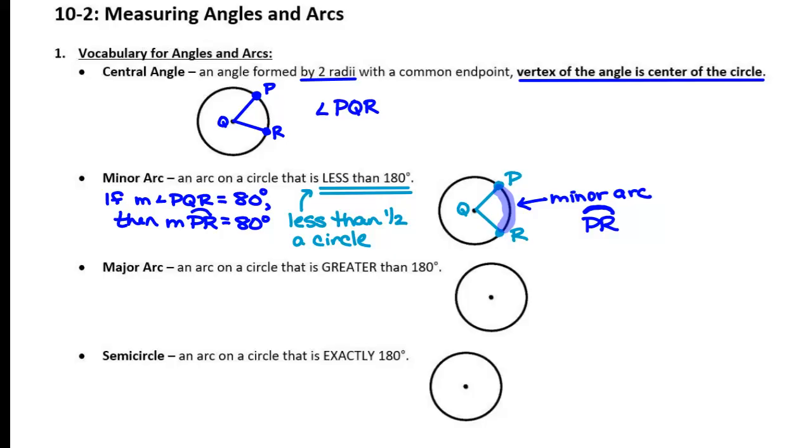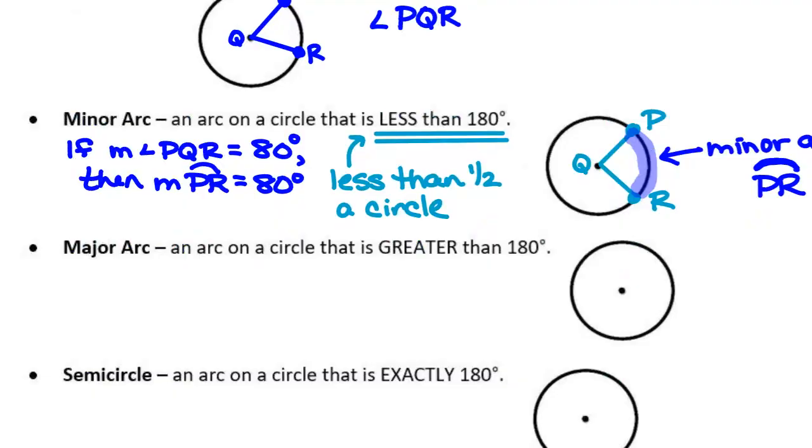A major arc is an arc on a circle that is greater than 180 degrees. So more than half a circle.